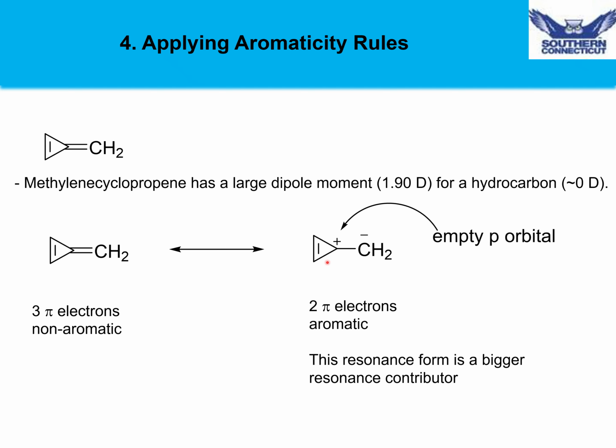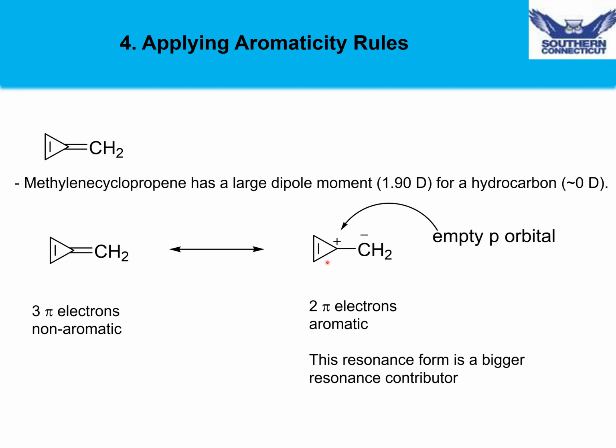If we go back to Huckel's rule, which is 4n plus 2 pi electrons, that's an acceptable number of electrons for an aromatic compound. If we plug in 0 for n, an acceptable number of pi electrons is actually 2. So 4 times 0 plus 2 would be 2. So 2 pi electrons would make this compound aromatic, since it also follows rule 1.